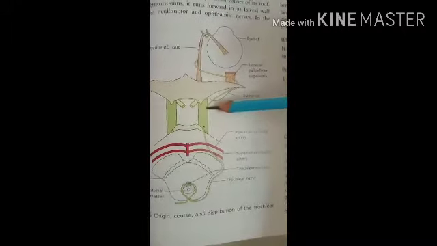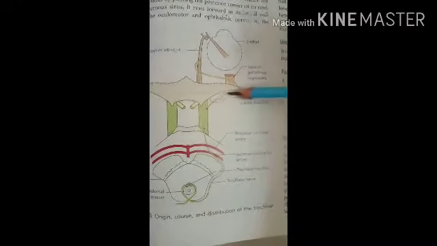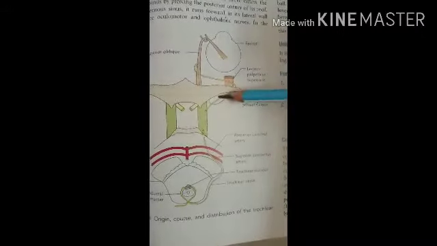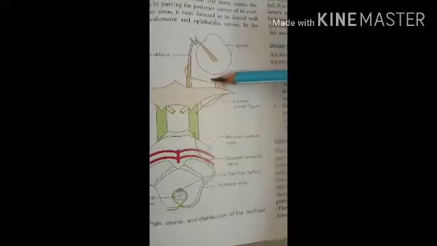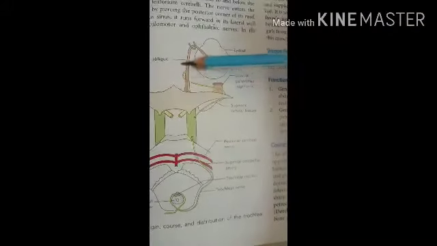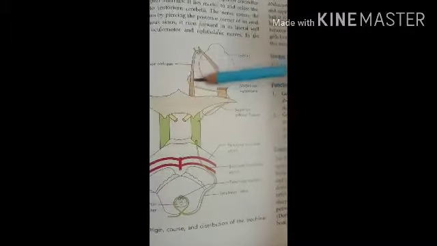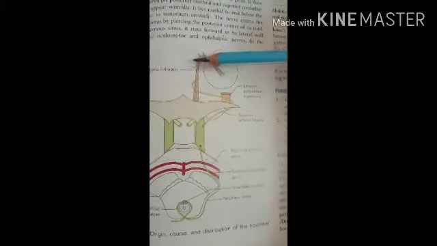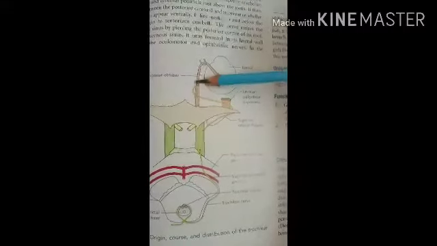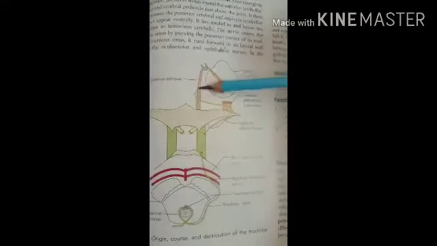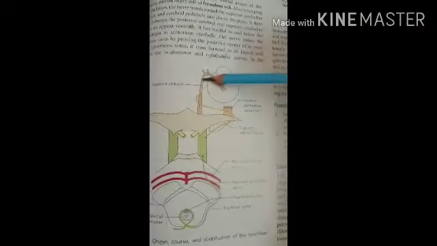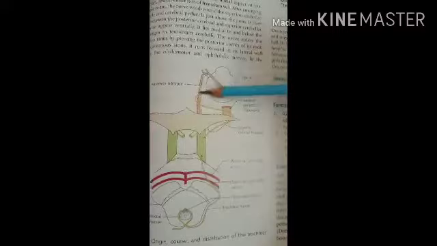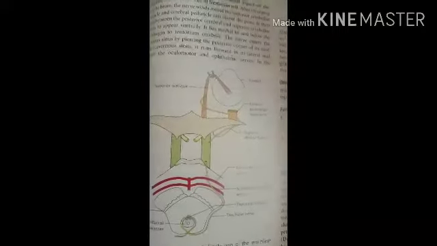In the cavernous sinus it goes laterally and then enters the superior orbital fissure. From the superior orbital fissure it enters the orbit superolateral to the tendinous ring. Then it runs medially above the levator palpebrae superioris muscle to enter the orbital surface of the superior oblique muscle. So here you can see where it supplies.